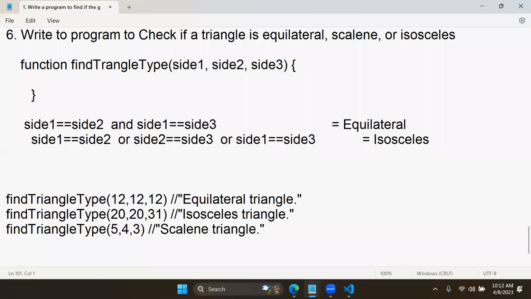You can't write the word "or", you have to write the or operator.